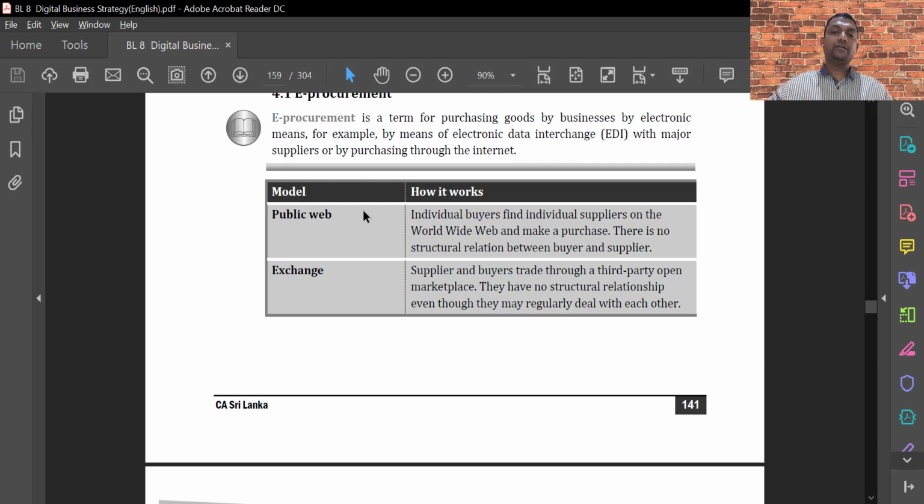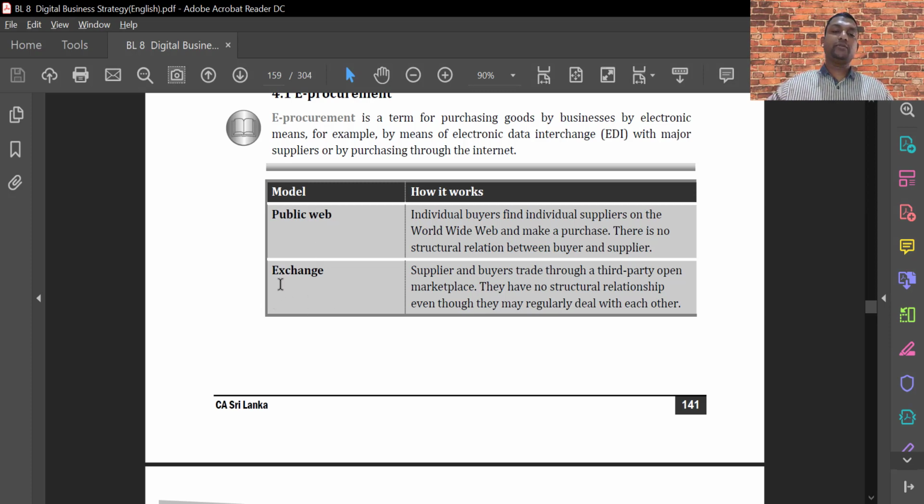There are websites like marketplaces where buyers and sellers can meet, and they can do the transaction. So in a public web type of model, structurally there's no relationship between the buyer and the supplier. Anyone can buy from anyone, and any seller can sell to any buyer. So this is an open marketplace.